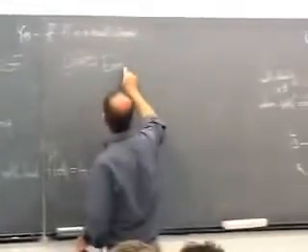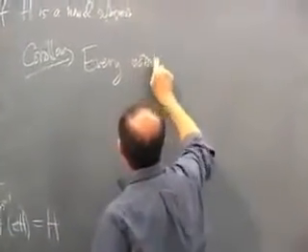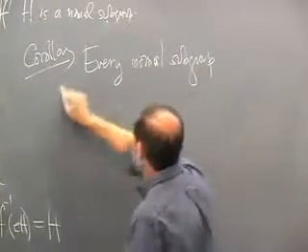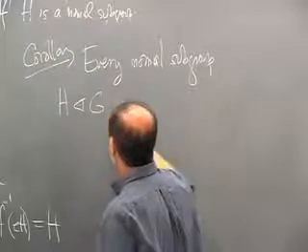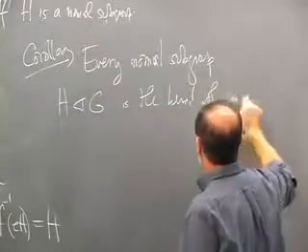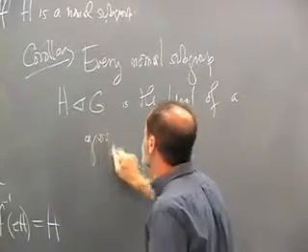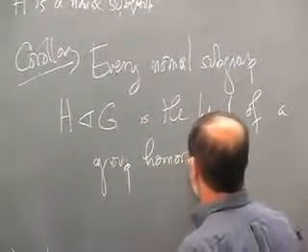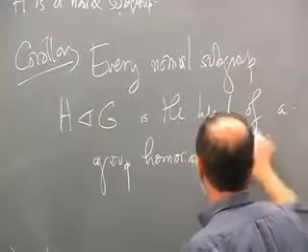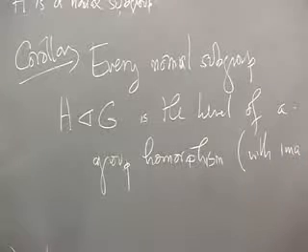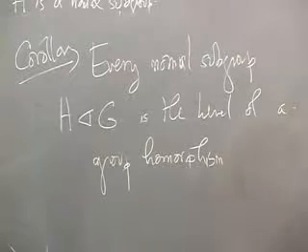Every normal subgroup H of G is the kernel of a group homomorphism. It's the only way to get normal subgroups.